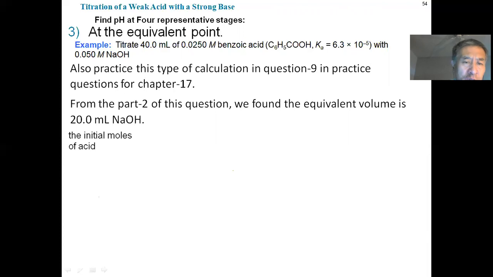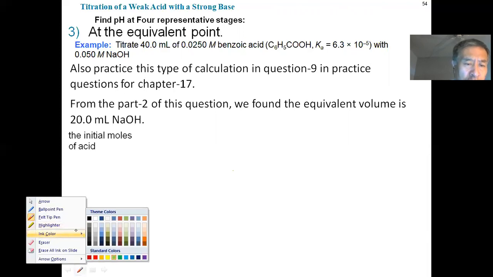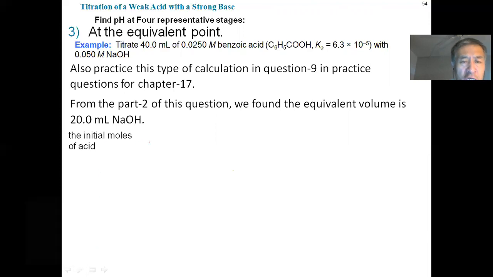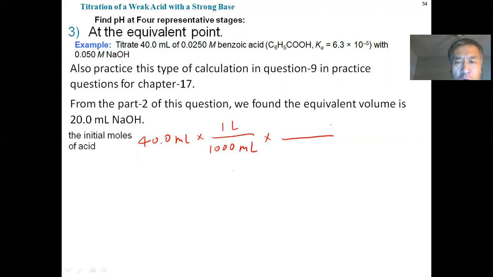So we'll use our typical approach to find the moles of the initial acid and the moles of the added base. We did that quite a few times. We start with the given 40.0 milliliters, using 1 liter equals 1,000 milliliters, converting volume into liters, and we use molarity. Molarity can be written as a fraction. So we have this second fraction here.